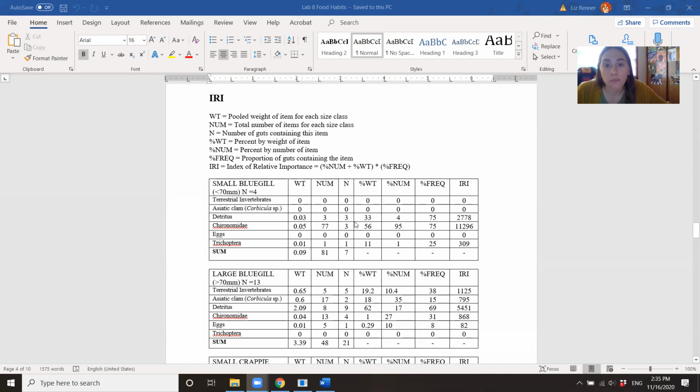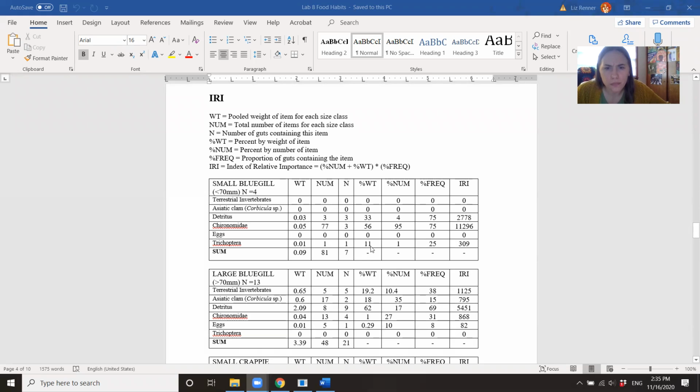Here's the number of stomachs that had those things in it. So 3 of the 4 had detritus, 3 of the 4 had chironomids, 0 had eggs, and 1 had a trichopteran.